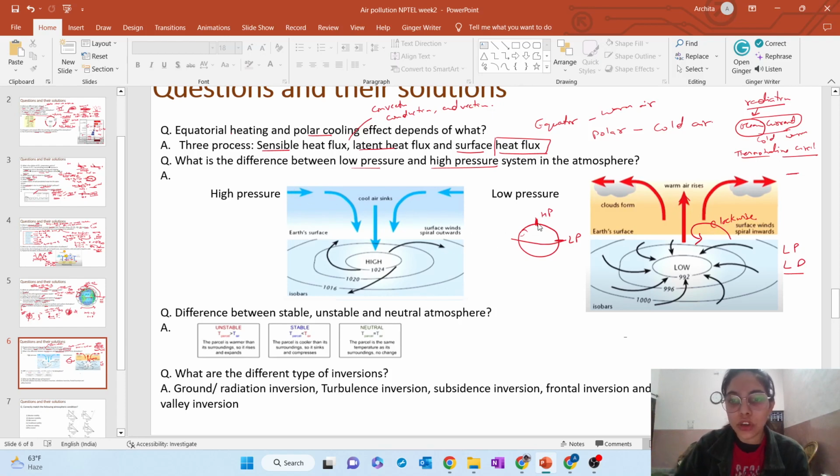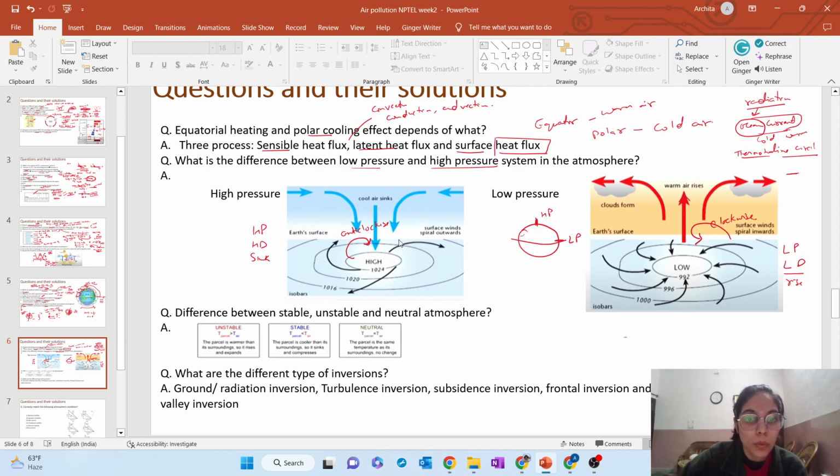Or in the high pressure or polar region, high pressure means high density means sinking. If the cold air is sinking, again apply the thumb rule. If anything is going down, then if you wrap your hand around, it is wrapped in the anti-clockwise direction, right? So here the movement is anti-clockwise in the high pressure region.